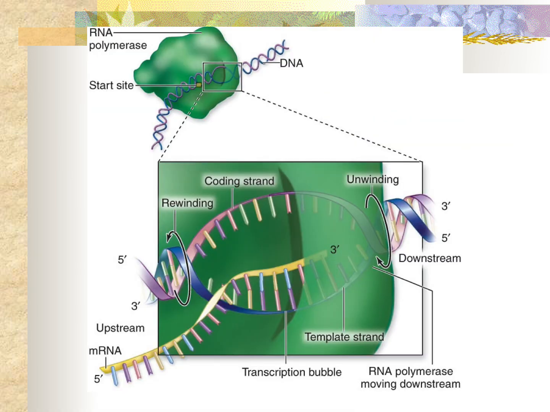So the first step required one enzyme called RNA polymerase, shown up top here as green, that would open the DNA strand and start adding complementary RNA bases based on the DNA template. This would cause the production of a messenger RNA or mRNA.